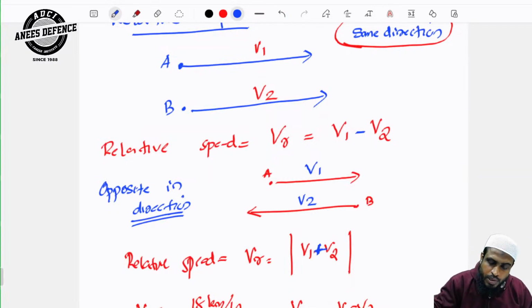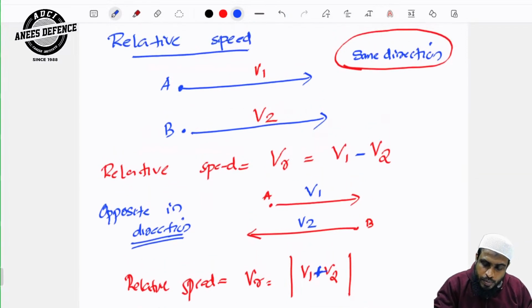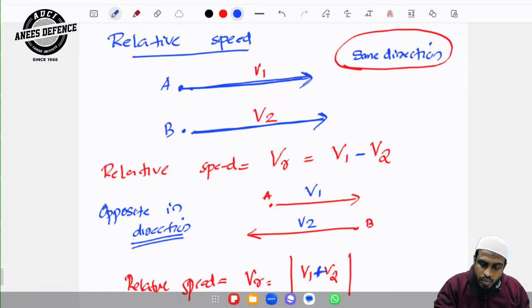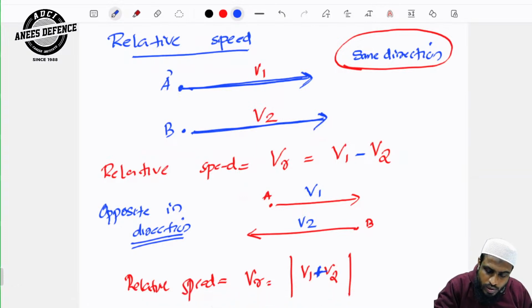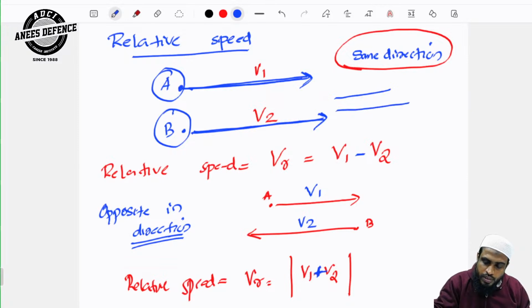The concept is, if both are moving in the same direction, the first body will feel a relatively small velocity for the second body, because both are moving in the same direction.